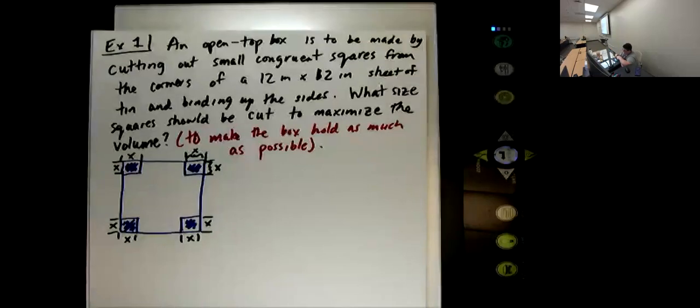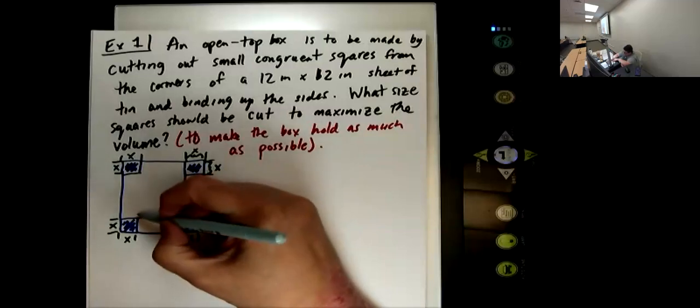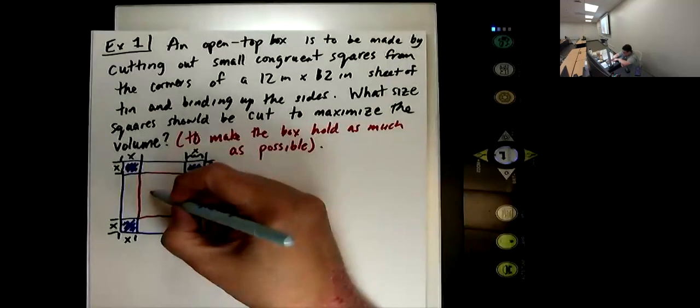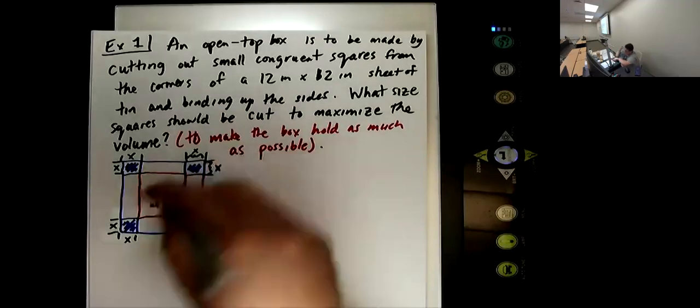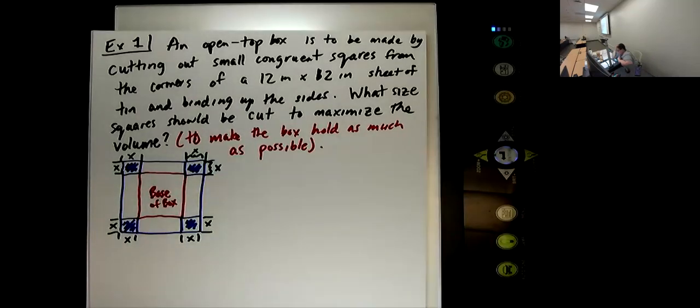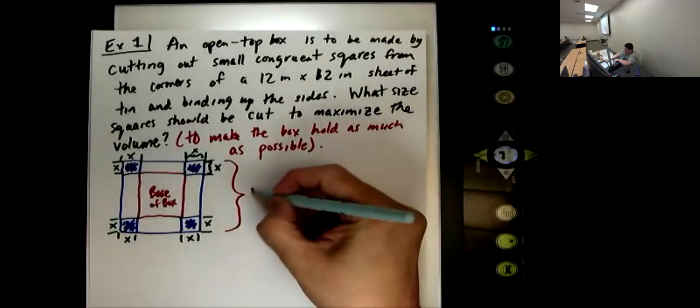If we fold up the box, this is going to be the base of the box. What will the side lengths be? We know the whole side, and it's the same on any side, is 12 inches.